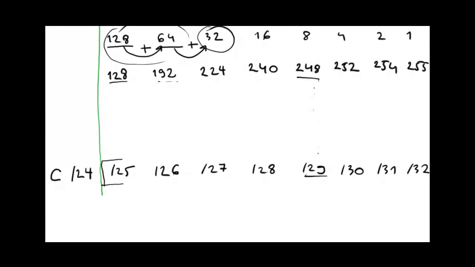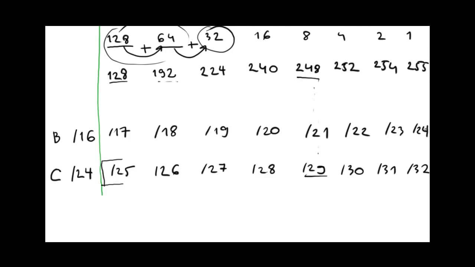Alright, now let's complete our table for class B and for class A. In class B, you remember the subnet mask was 16. So adding one more bit would be 17. Adding one more bit would be 18, and so on. So we can simply and easily fill out our table, 23 and 24 for all the classes.